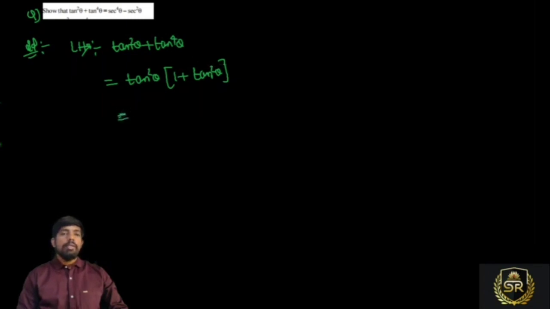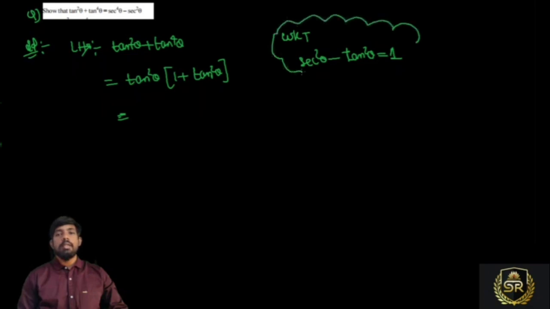So we know the identity: secant square theta minus tan square theta is equal to 1. Bring the tan to the right hand side: secant square theta is equal to 1 plus tan square theta. So in the place of 1 plus tan square theta, I write secant square theta.